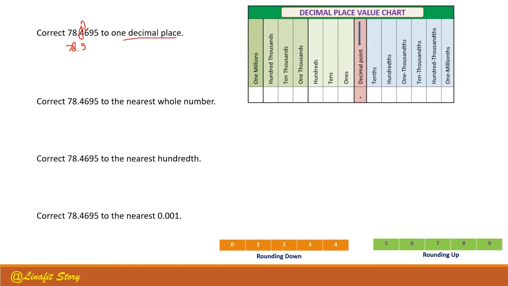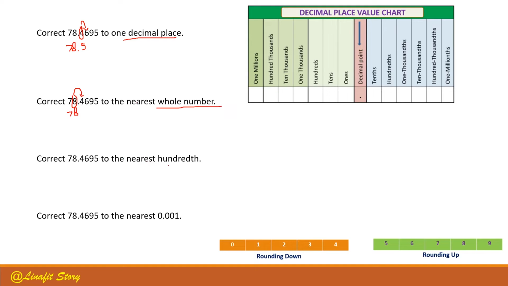Because only one decimal place. Next, to the nearest whole number. So you must check the digit in the ones place. This is 8. After 8 is 4. So round down. So the answer is 78. Be careful over here, to the nearest whole number, so you don't need to put the decimal.